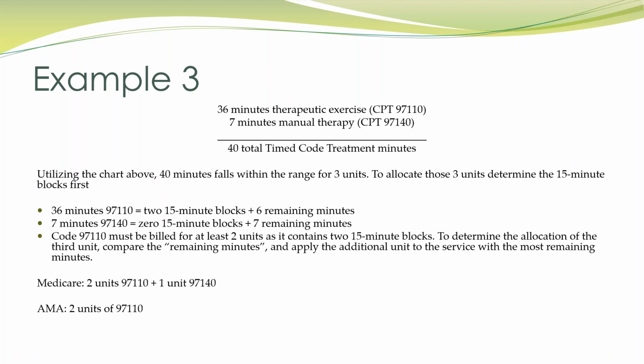Even though that was just 7 minutes, you add that to the 36 minutes and get 40 total time, so you get 3 units there, and you can allocate that extra unit to 97140, even though it was under 8 minutes, because you have that extra unit with the total time. But with the AMA rule, you're only going to get 2 units of 97110 therapeutic exercise, because you didn't spend the 8-minute minimum on 97140 manual therapy.